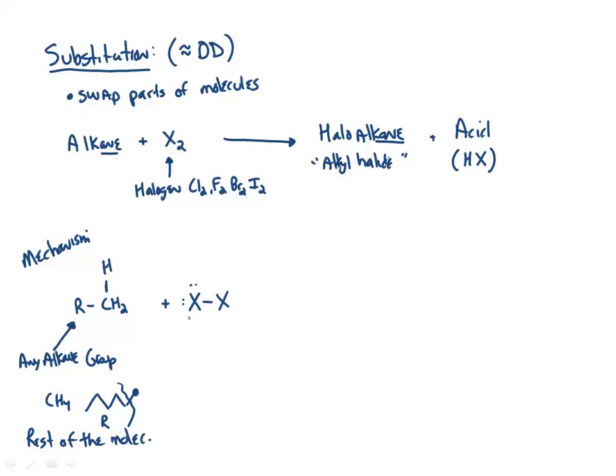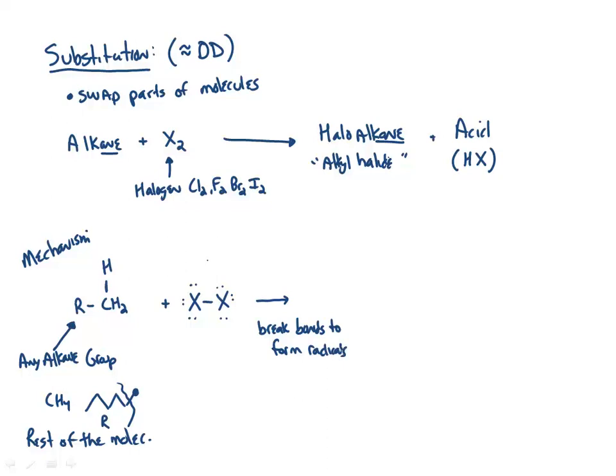Now, if I'm drawing some more detail in there, we know that because those X's are really chlorines, fluorines, bromines, and iodines, they've got all those lone pairs around. And then what happens is we break bonds to form radicals.